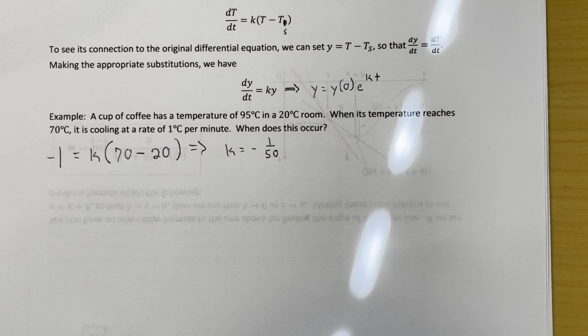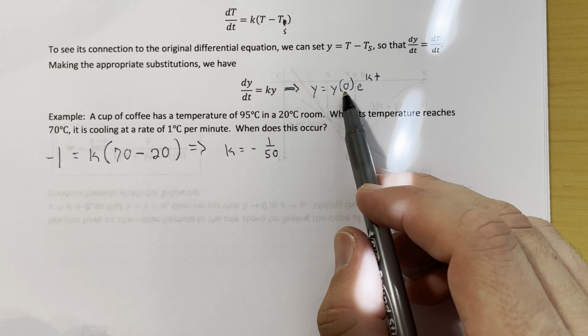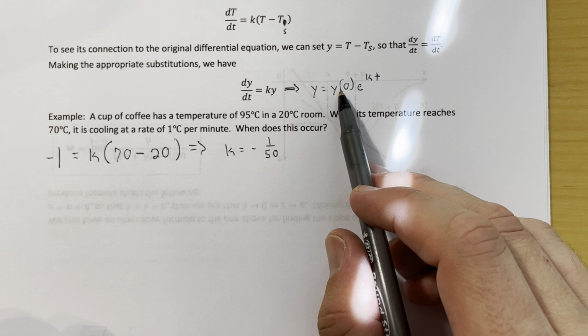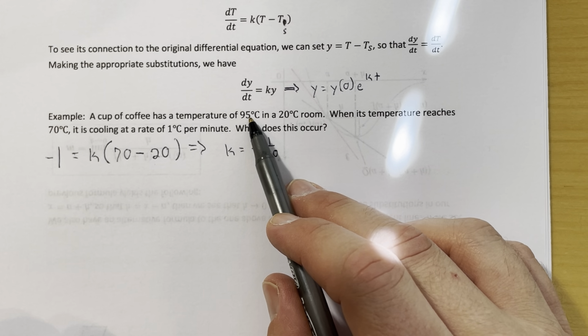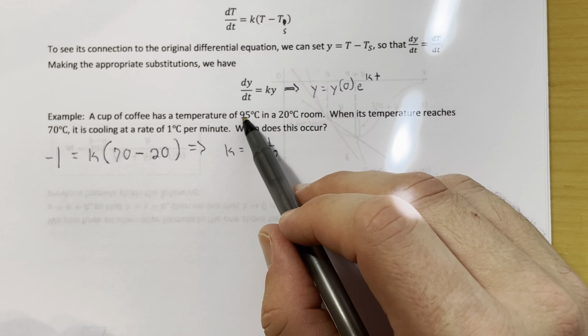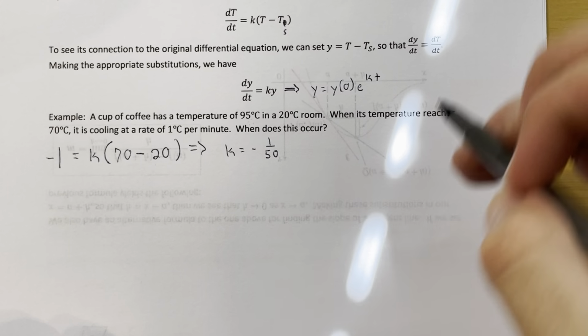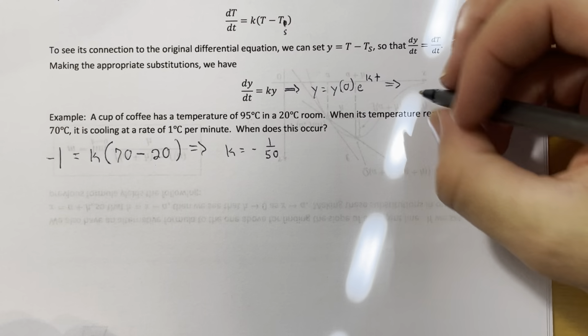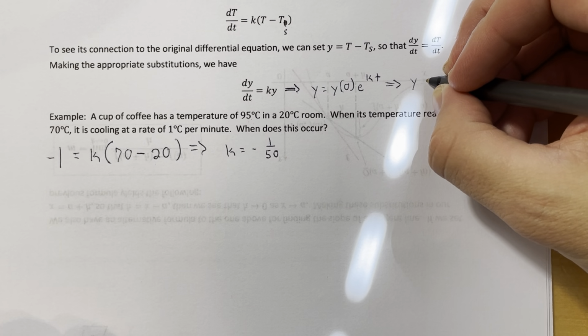But for our purposes, what is y naught? Well, y naught represents the initial temperature of the room, right? Not of the room, I'm sorry, of the object. And we're told that here. It's equal to 95 degrees Celsius. Well, actually, hold on.